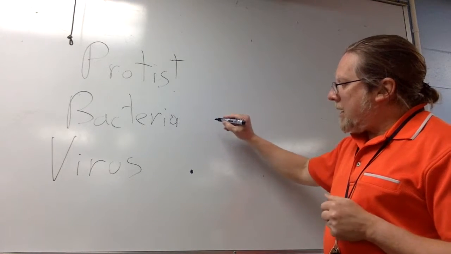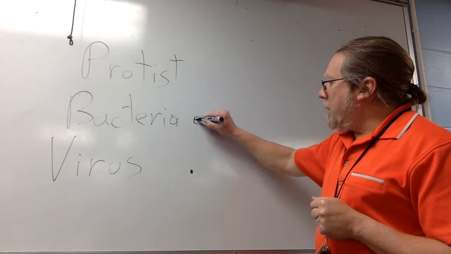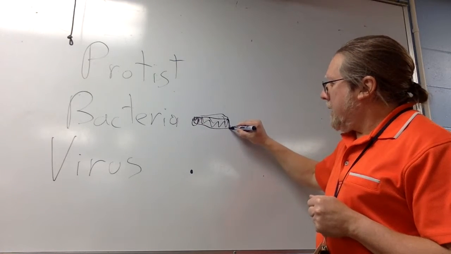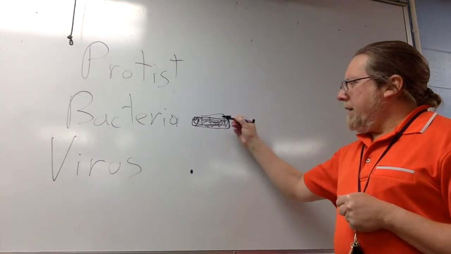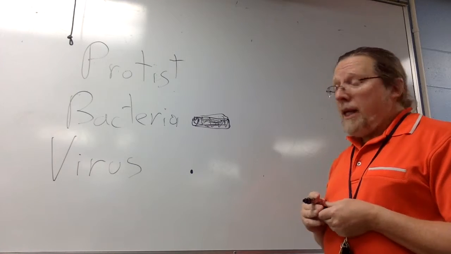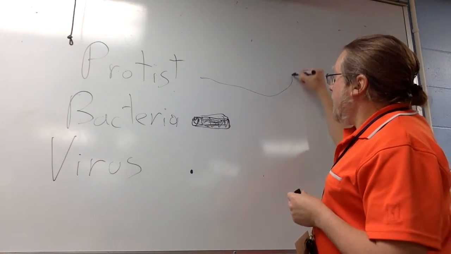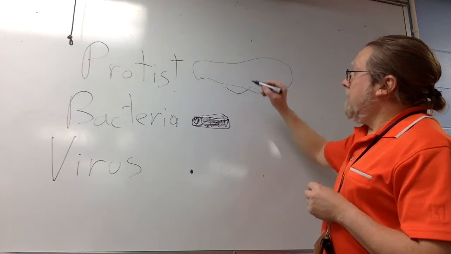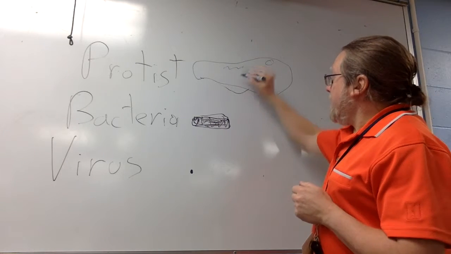But the next size up would be bacteria. And in general, bacteria can be infected by viruses and are the larger organism. And then we get up into some of our protists, like a paramecium, which we've seen. And those are yet larger items.